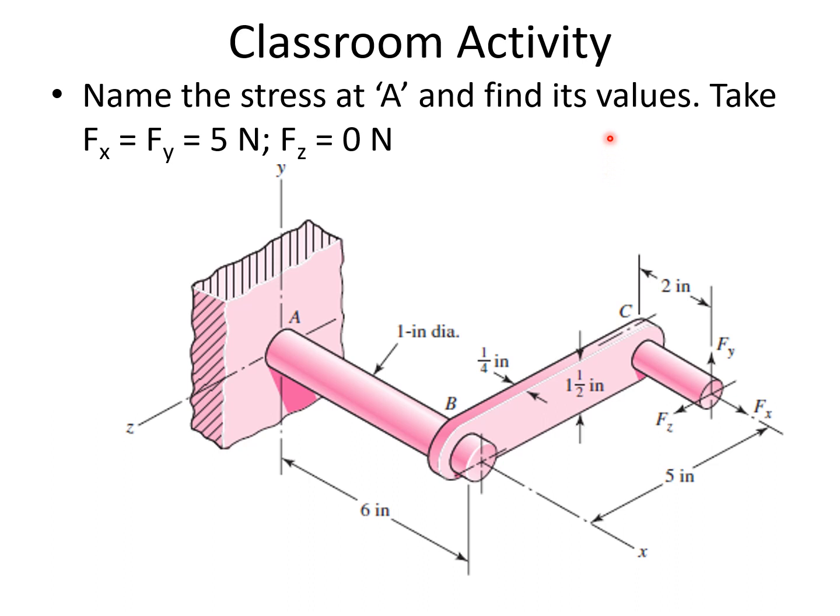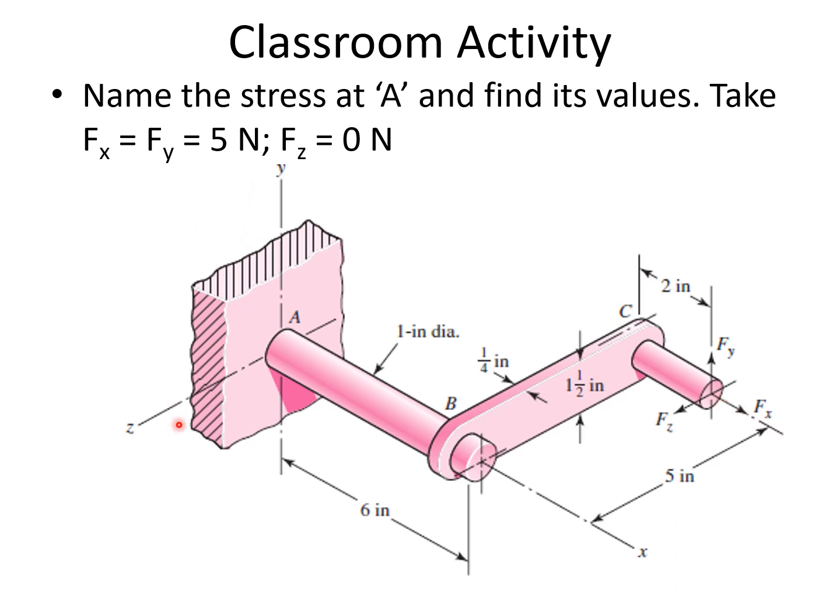Okay, this is the activity which you need to do. For this loading condition, this is a bracket. It is fixed at this portion, and AB is a circular one, BC is a rectangular cross section, and from C there is some projection. You are applying a force Fx equal to 5 Newton in this direction.